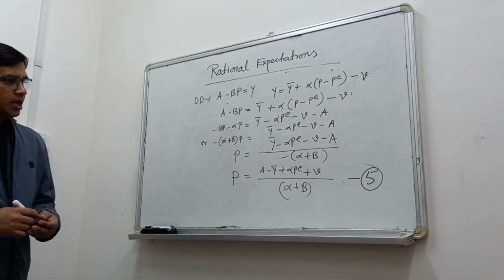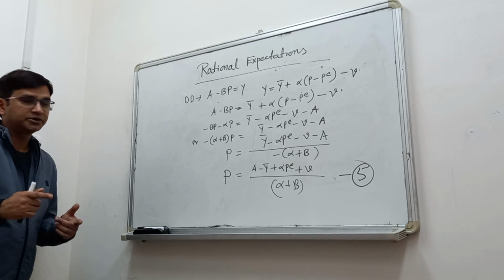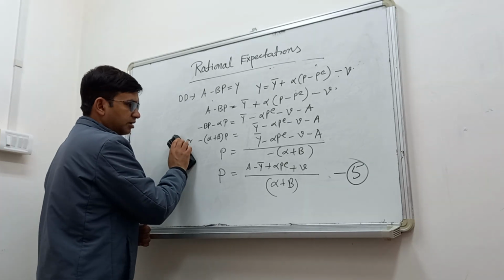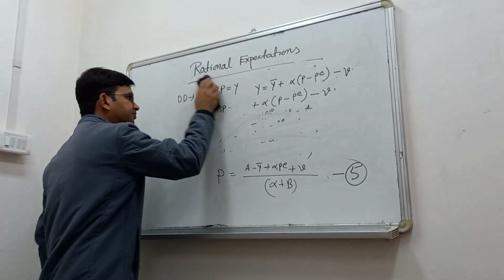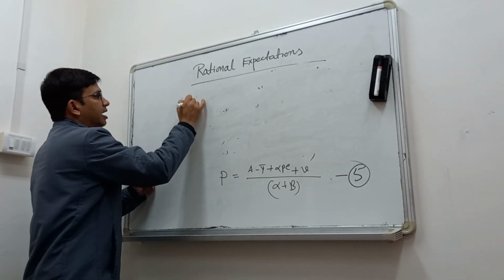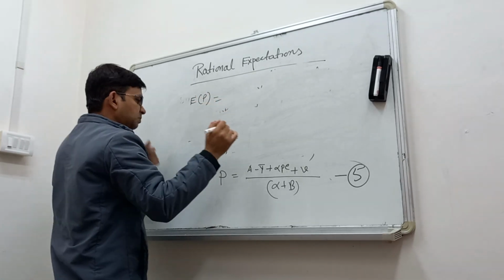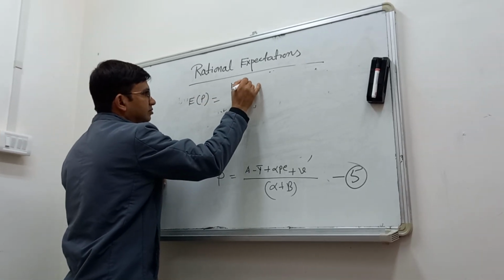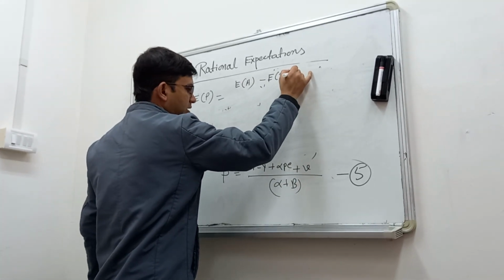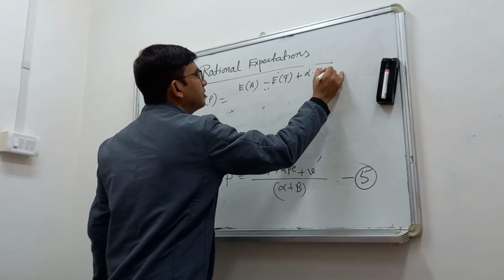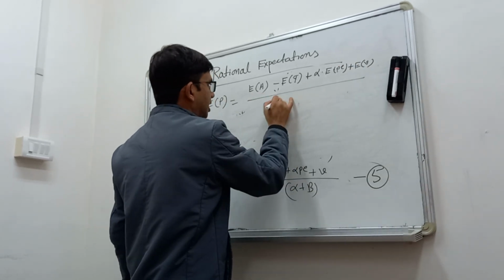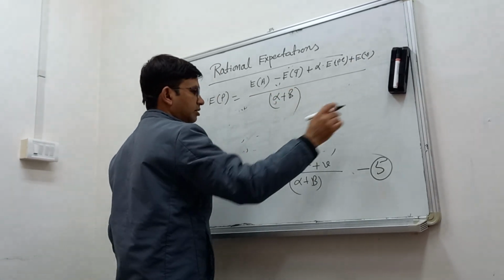Now, it's time to form the expectation. So this equation in expectation form, we can write that EP equals EA minus Ey bar plus alpha into EPe plus Ev divided by alpha plus b.